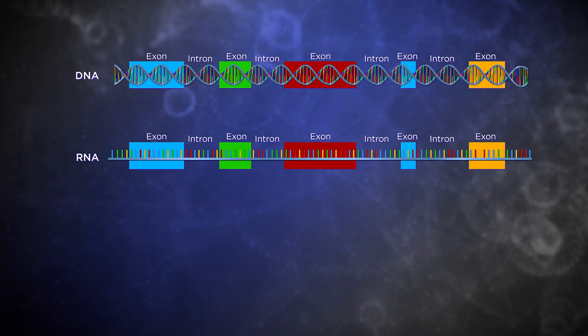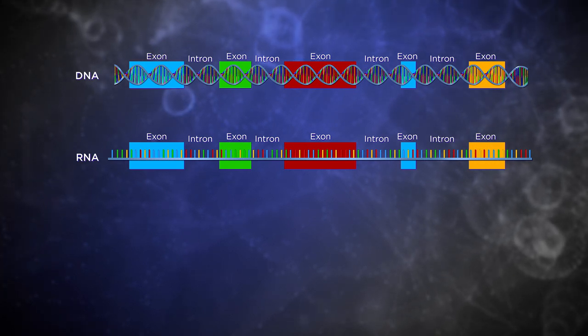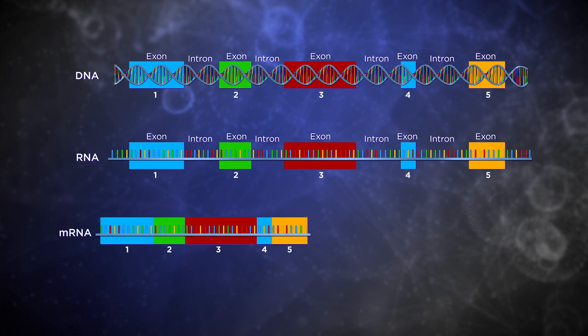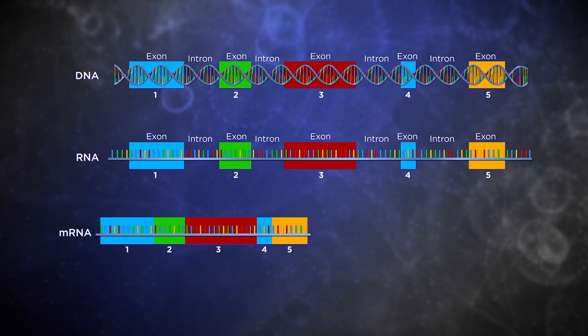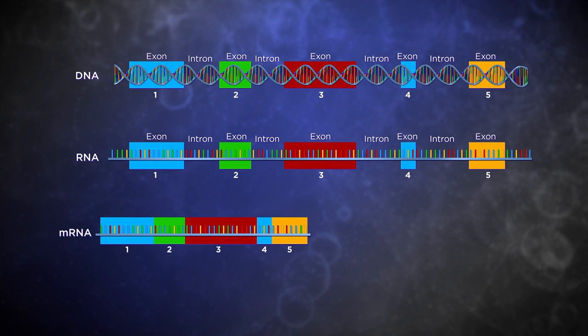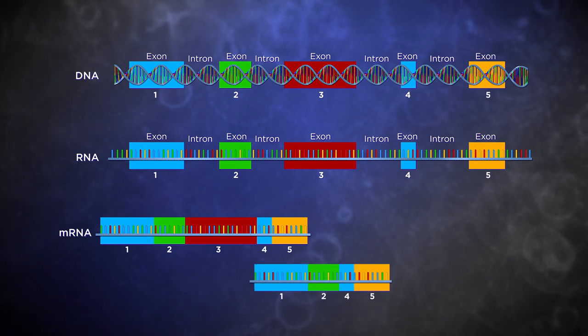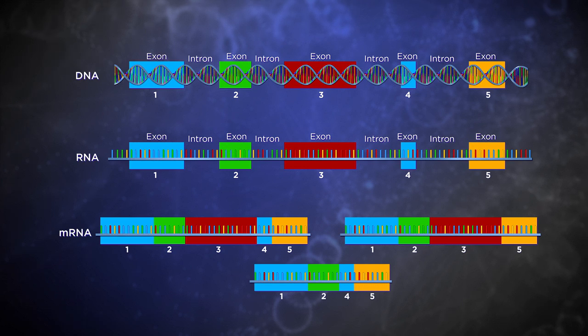For example, in some cells, the primary transcript could contain exons 1, 2, 3, 4, and 5, but another cell might splice differently and make messenger RNAs containing 1, 2, 4, 5, or 1, 2, 3, 5.